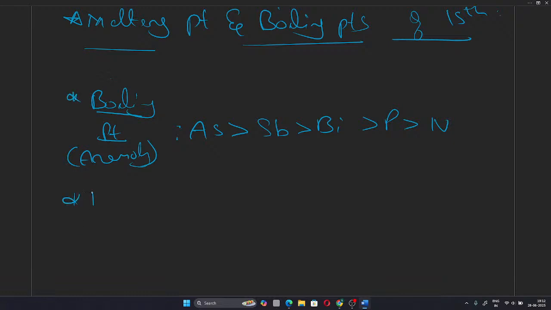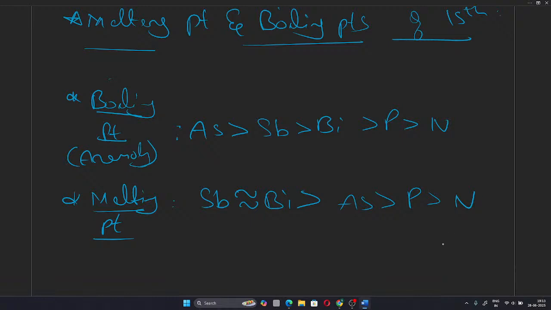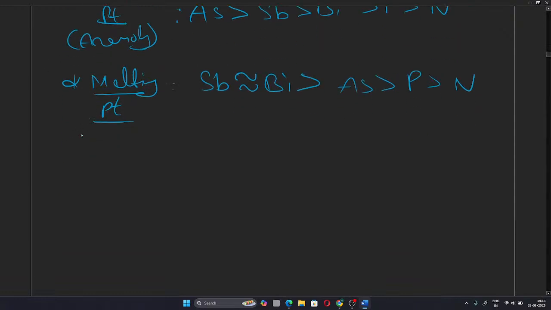And the melting point, which is not an anomaly: antimony approximately equal to bismuth, followed by arsenic, followed by phosphorus, followed by nitrogen. These are the trends for melting and boiling points.